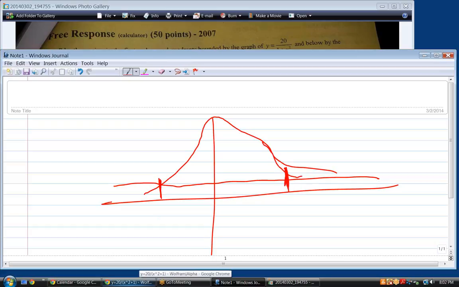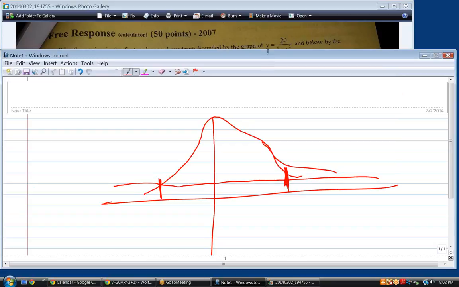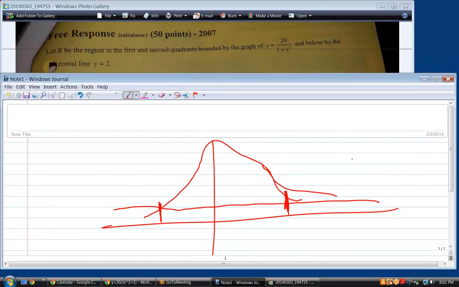So first of all, how do we know where it's bounded? Well, because it says it's bounded. In other words, it's that upper part. I know that this crosses. It has to be a finite area here.